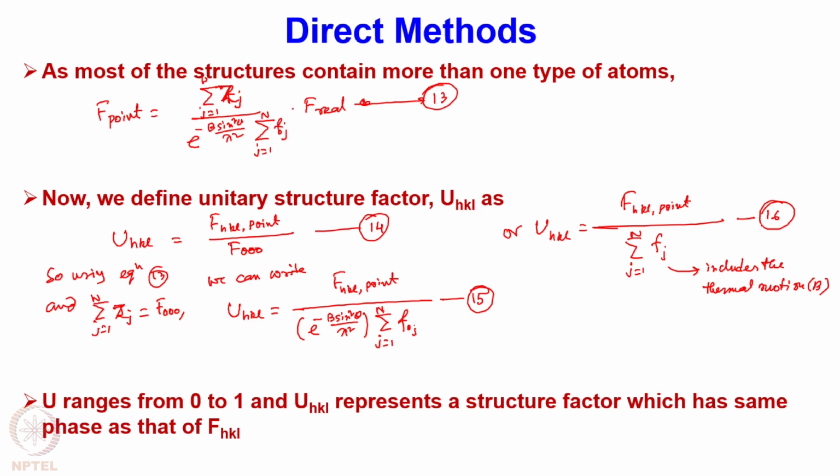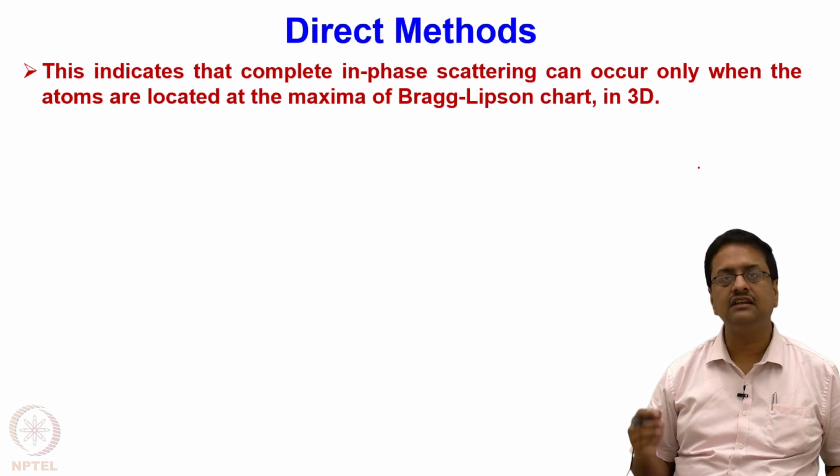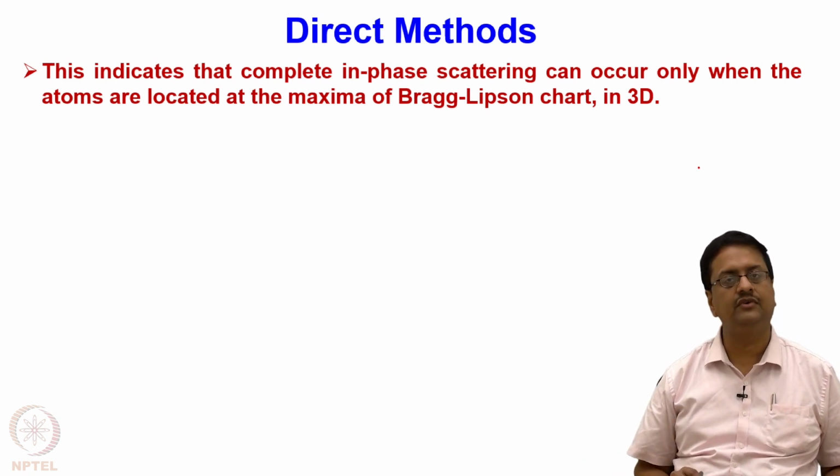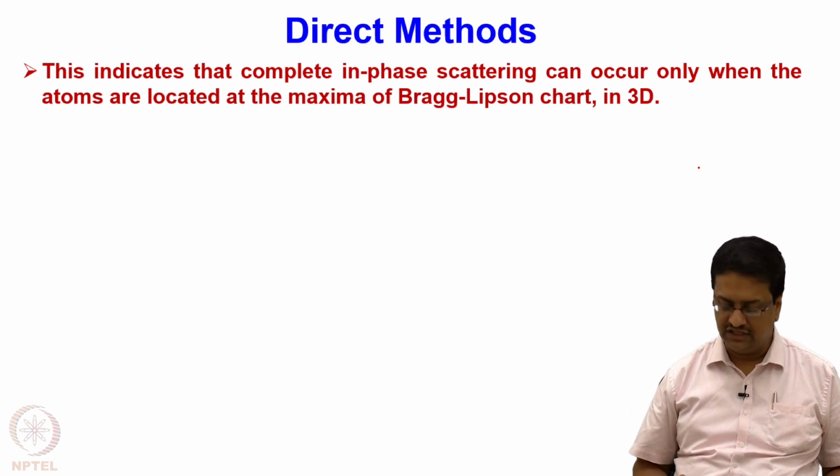So as this U actually represents a structure factor HKL, these must have the same phase and the value of U should range from 0 to 1. So that is the restriction on values of 0 to 1, and the UHKL would represent the structure factor FHKL with the same phase as that of U. So this indicates that the complete in-phase scattering can occur only when the atoms are located at the maxima of Bragg-Lipson chart in 3 dimension as well.